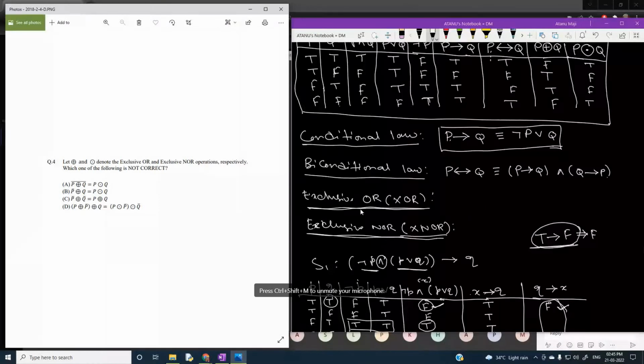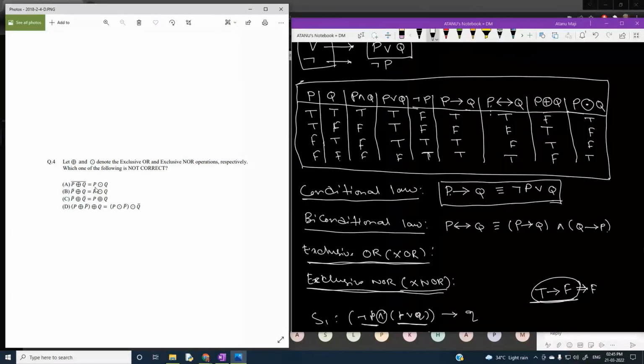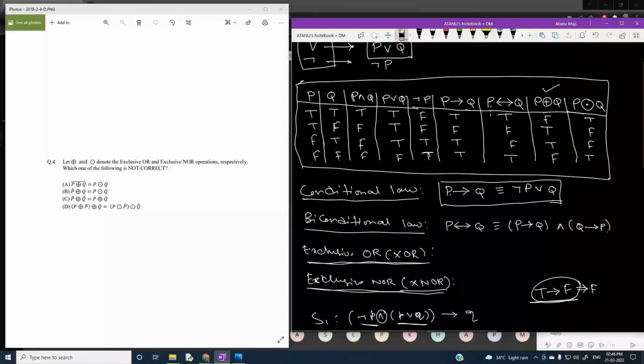The first one is given as negation of P or Q, the whole thing, is the same as P NOR Q. So just let me check here. P or Q is this column. If I take the negation of that, we are getting exactly this column. So that means this expression is correct. I mean, the first option is correct, but in the question we have to find which expression is not correct.